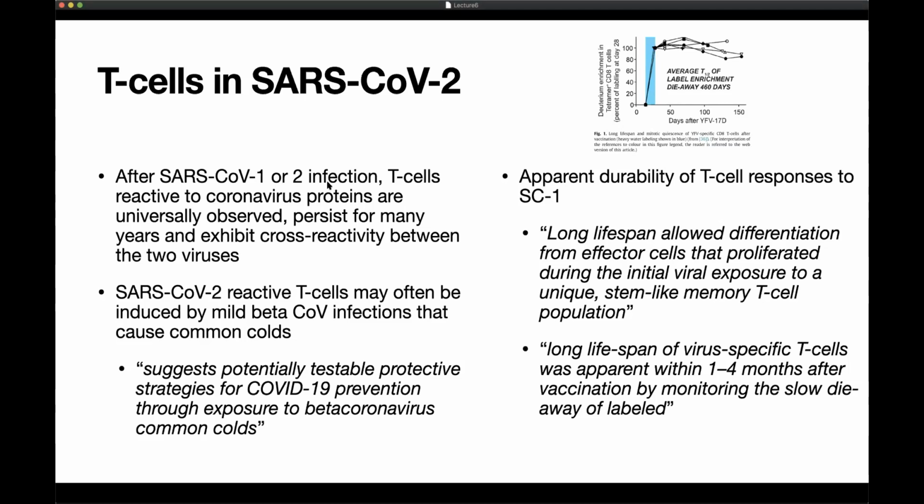After SARS-CoV-1 or 2 infection, T cells reactive to coronavirus proteins are universally observed, persist for many years, and exhibit cross-reactivity between the two viruses. One of the interesting points that this paper makes is maybe we can borrow what Jenner did, if you remember, from the smallpox, cowpox vaccine going back to the 18th century: there might be some benefit in considering exposing people to mild beta coronavirus infections that cause common colds, to give them potentially testable protective strategies for COVID-19 prevention, right?